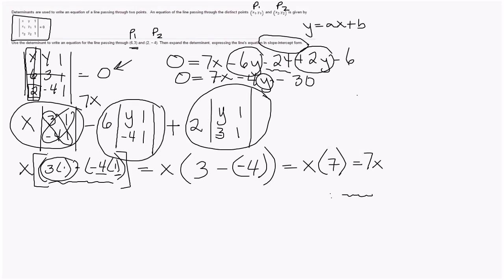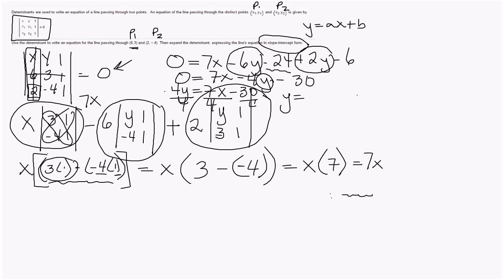So that means I'm going to bring negative 4y over to the left-hand side. And I apologize, it's getting a little bit messy here, but there's my 4y is equal to 7x subtract 30, and then I'm going to divide both sides by 4. And then I'll get my equation.